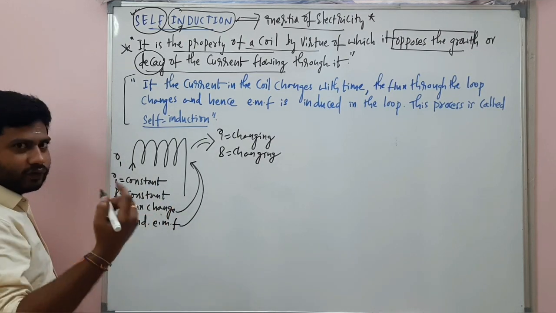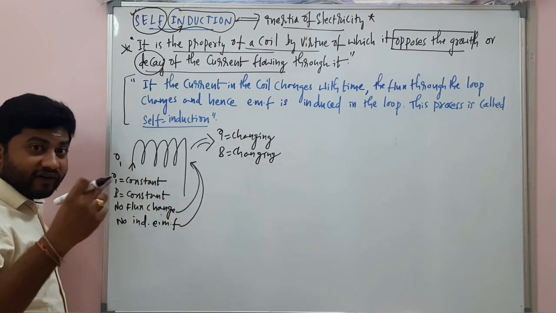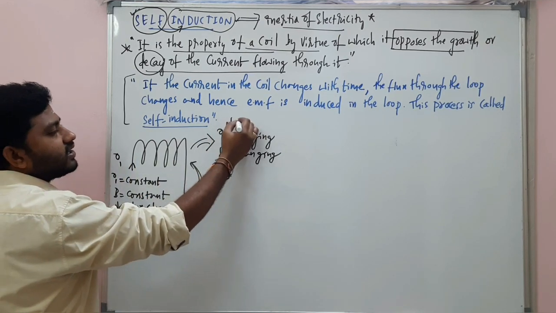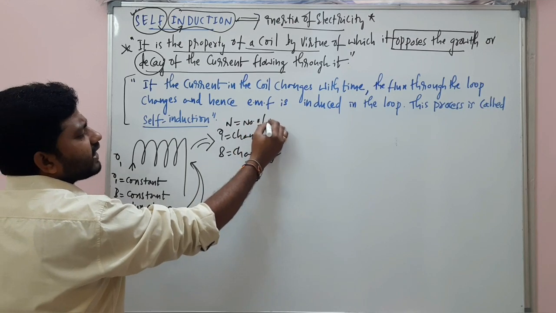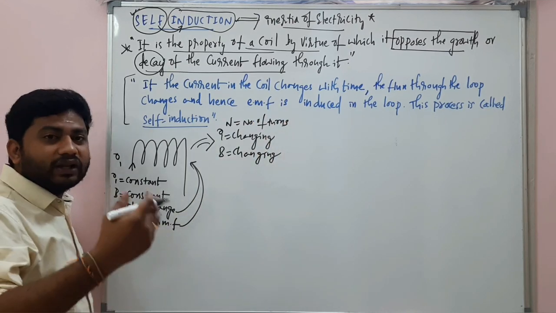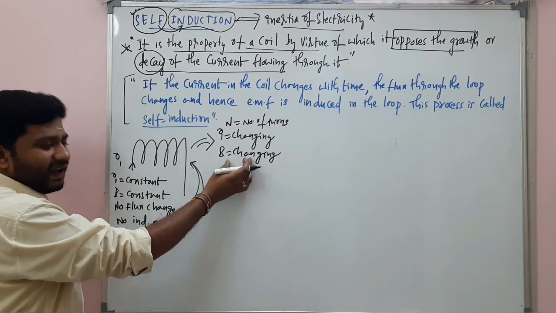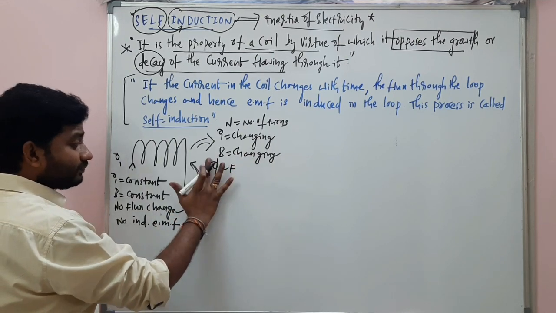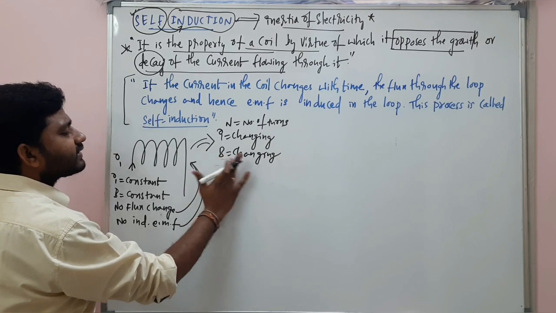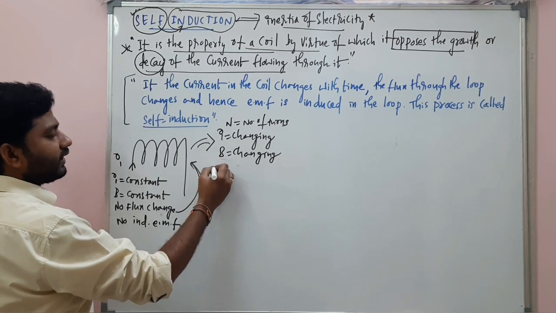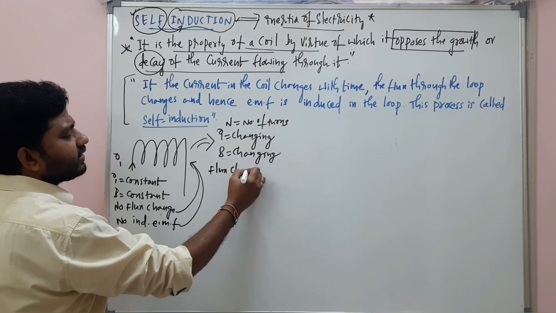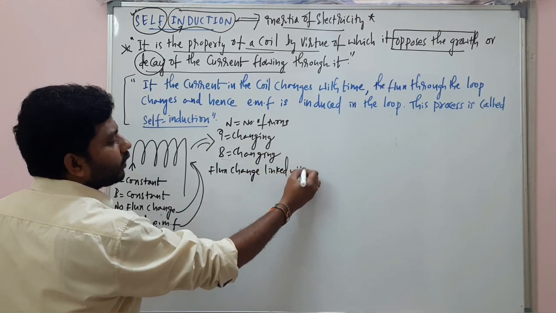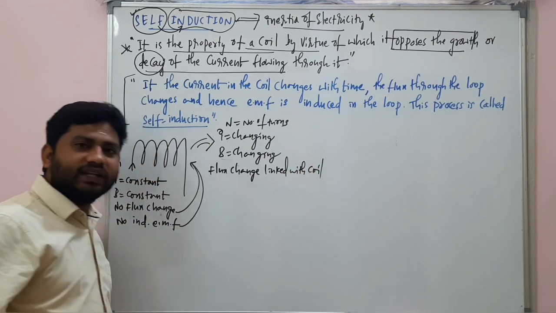When the magnetic field associated with this coil, which has n number of turns, keeps on changing, the magnetic flux linked with the coil changes. So there is a flux change linked with the coil.